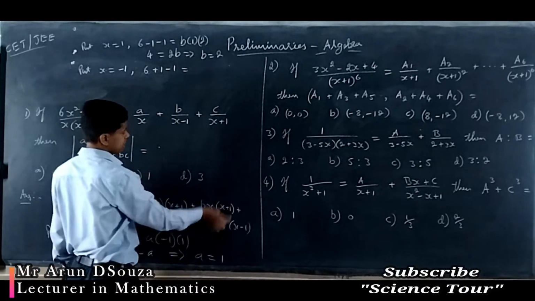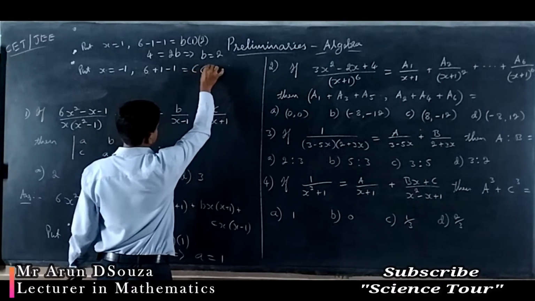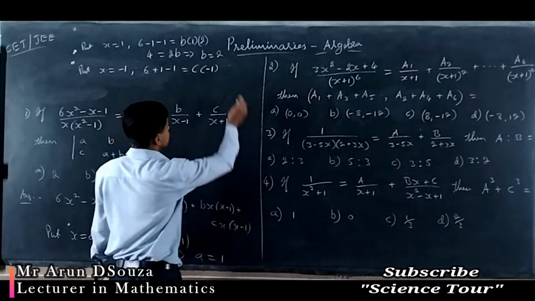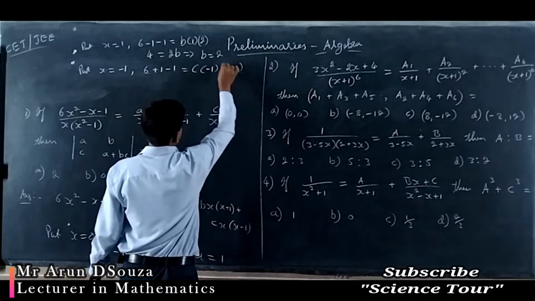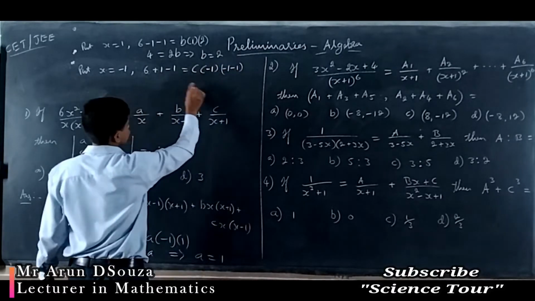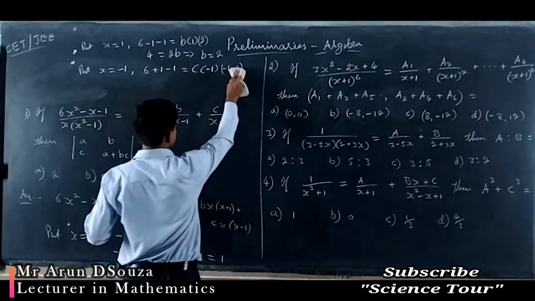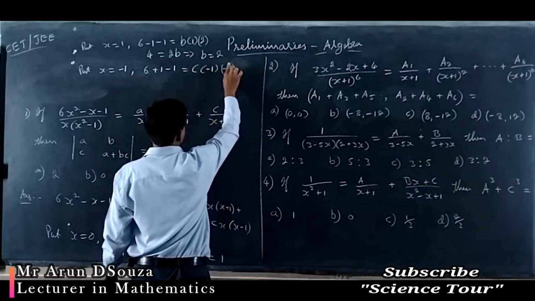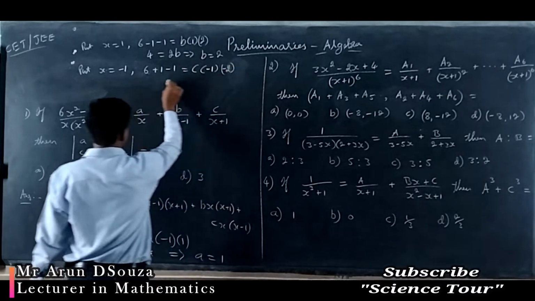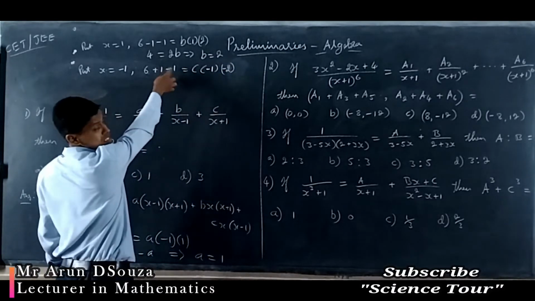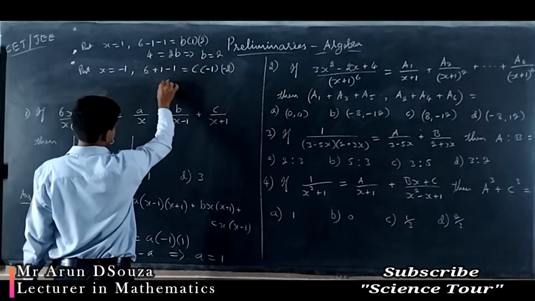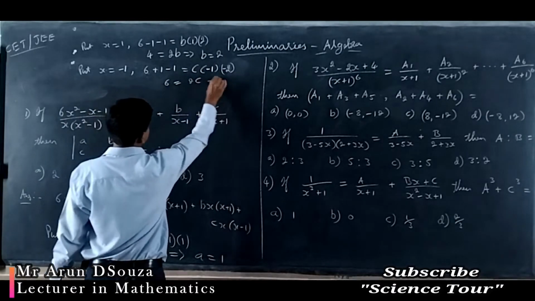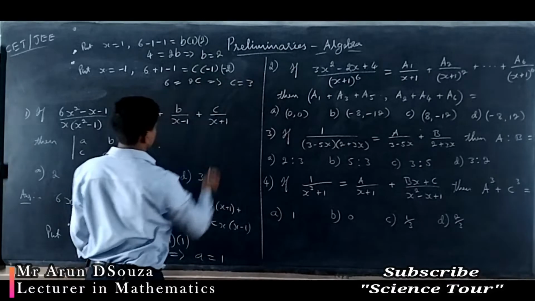So c into minus 1 into minus 1 minus 1, that is minus 2. So shall I write minus 2? Yes. So this is 6 plus 1, 7, 7 minus 1, so that is 6 itself, and this is 2c, that means c is equal to 3.